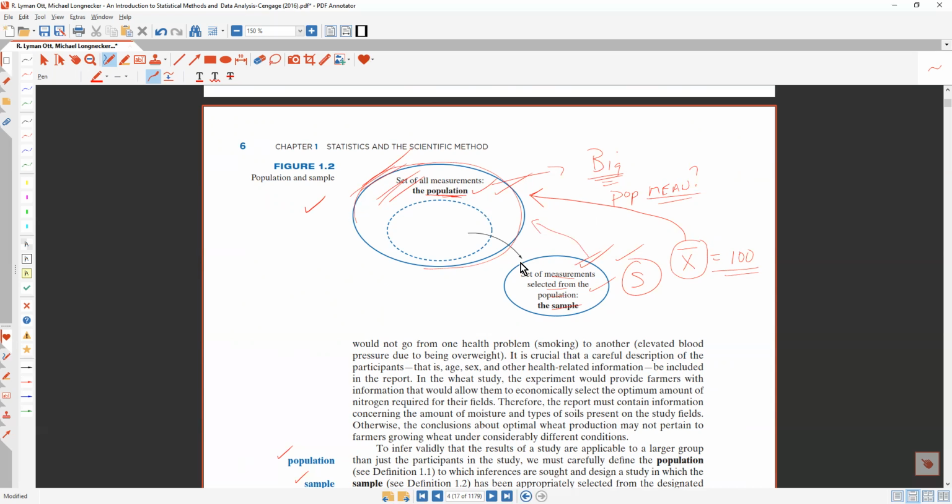You know, when they do those studies for the vaccines for the COVID-19, they're really not interested in those 20,000 people they collected for the trial. What are they interested in most? They're interested in how this vaccine is going to work on the world, right? They're only studying those 20,000 for the vaccine to give us an idea of what's going to happen when they give that vaccine to the population.